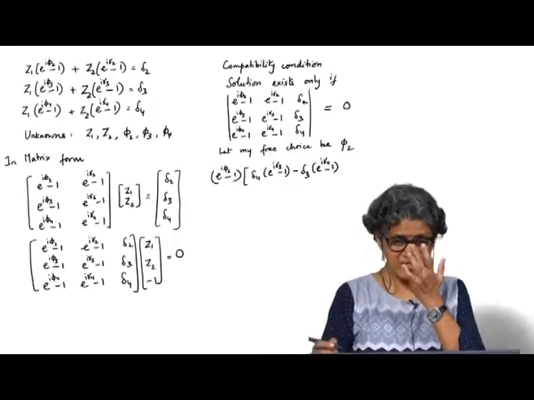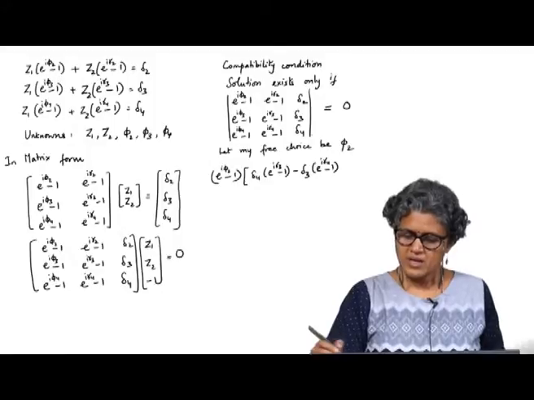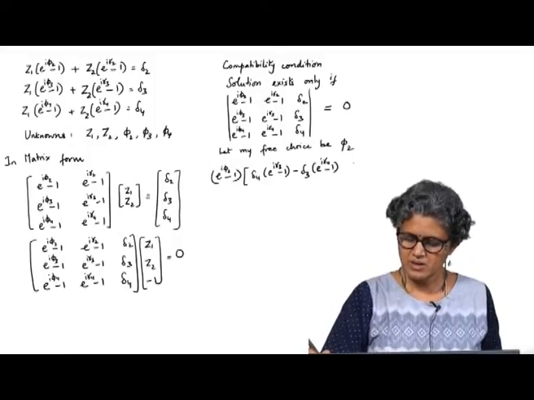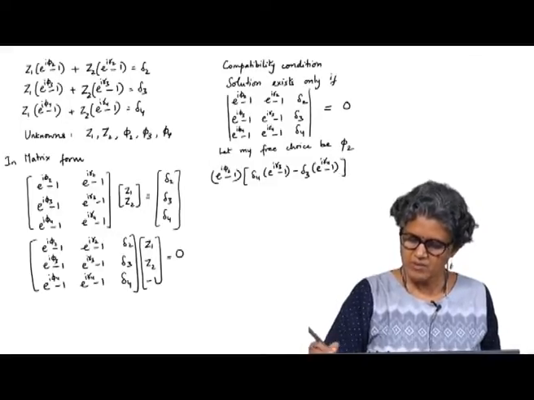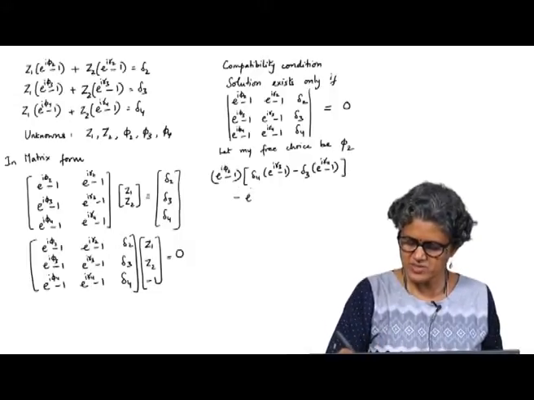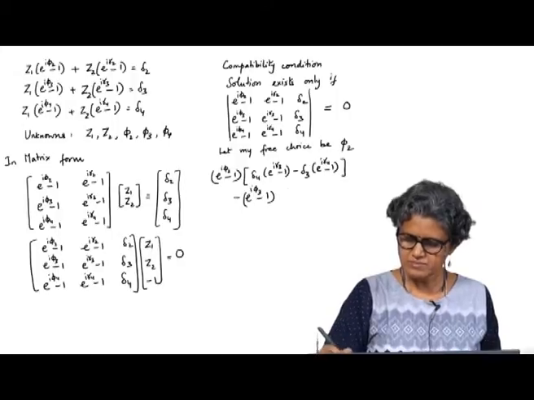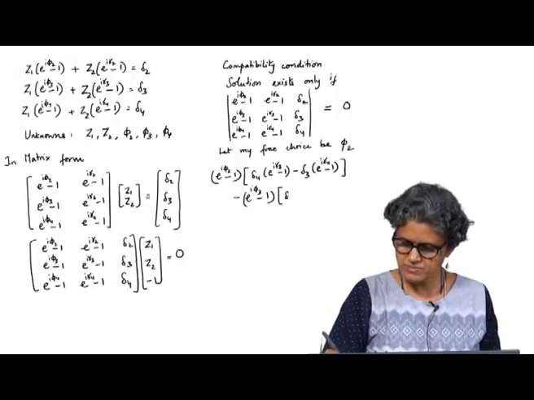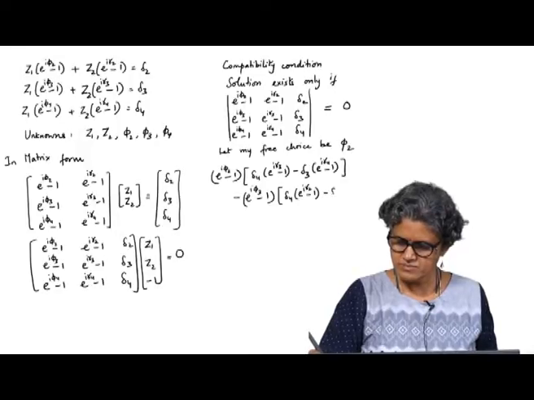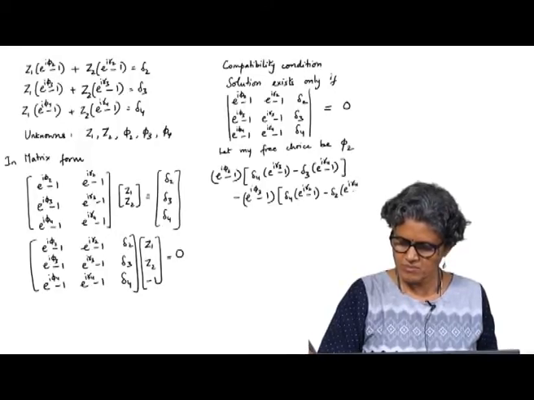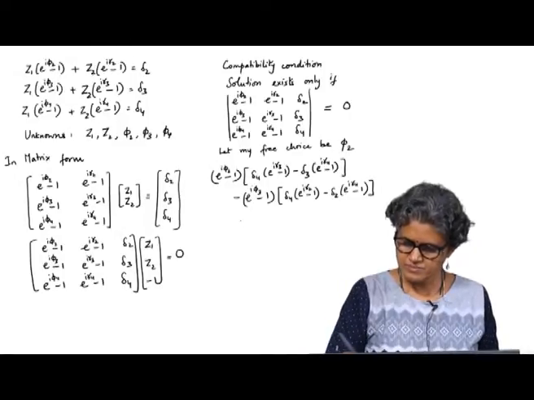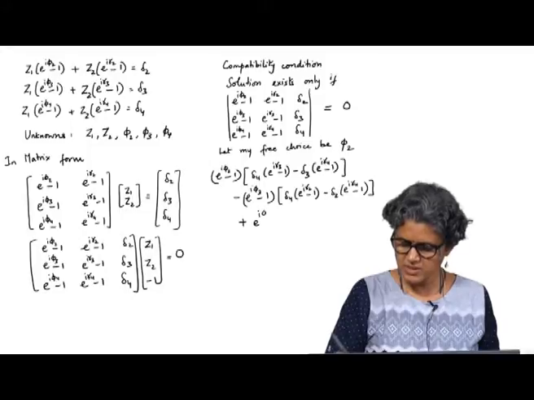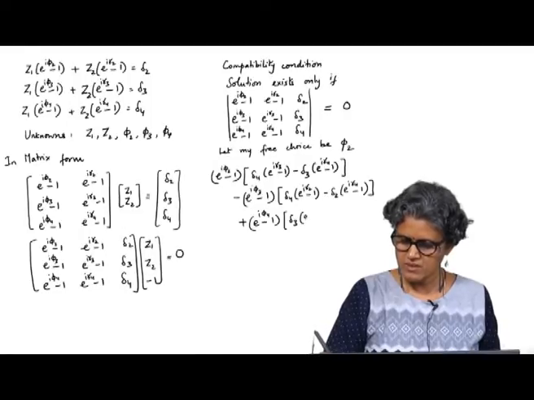Remember, all these are complex numbers, the deltas, and so are the e to the power I gamma 2, gamma 3 etc. I will expand about the first column because that is where the unknowns are. Plus e to the power I gamma 2.